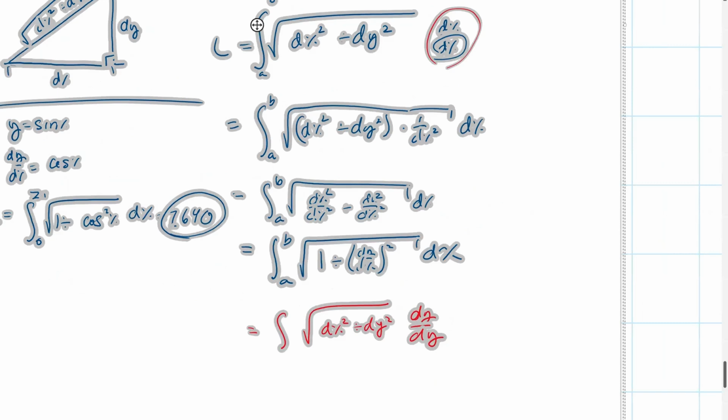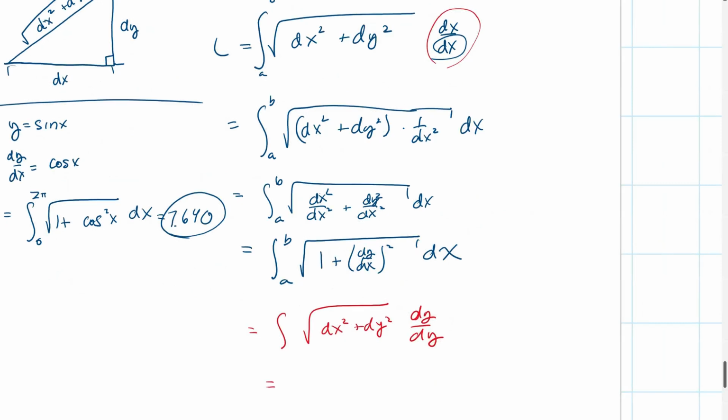And if we did that, then we end up getting the integral of the square root of dx squared over dy squared plus 1 dy. And then, of course, if that was the case, we would be going from not a to b in the x orientation, but rather c to d in the y orientation.